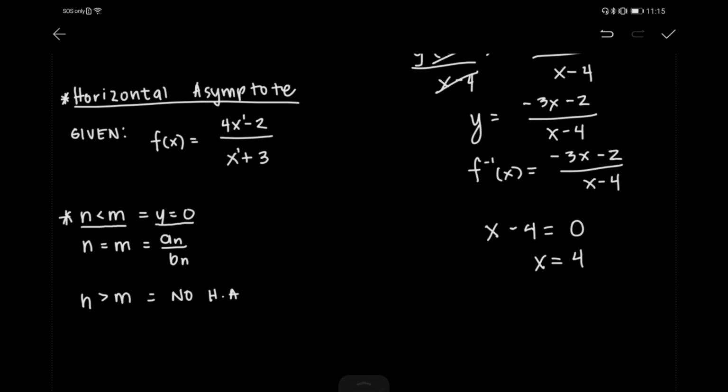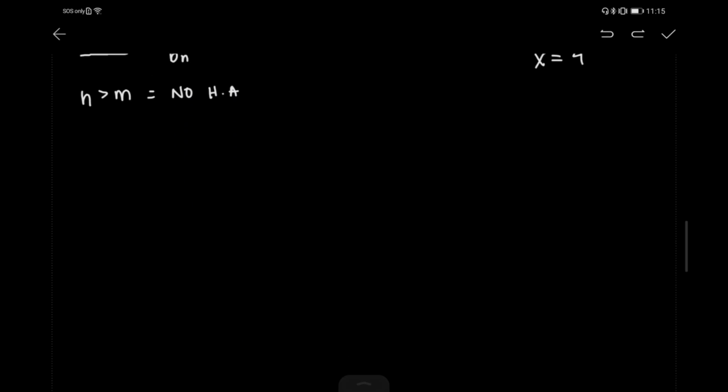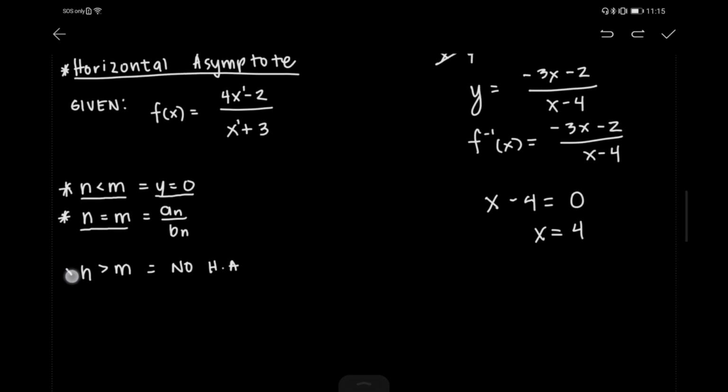Number 2, if the exponent ng iyong numerator is equal to the exponent ng ating denominator, ang gagawin natin, i-divide lang natin yung ating leading term. Okay? Number 3. So, if the exponent ng iyong numerator is greater than the exponent ng iyong denominator, makonclude natin na there is no horizontal asymptote.